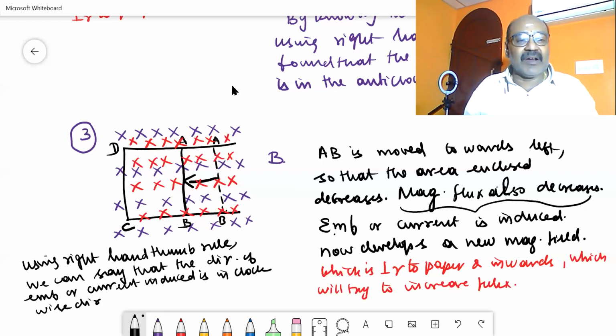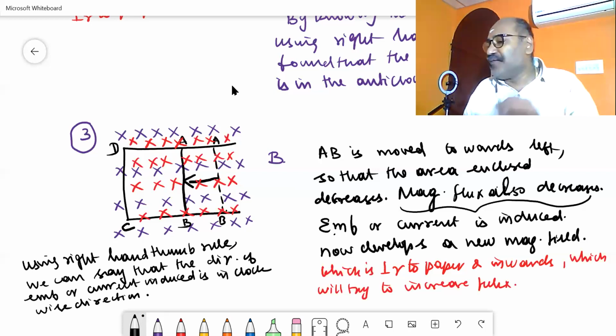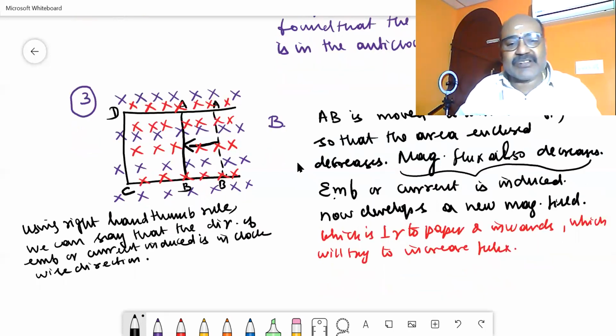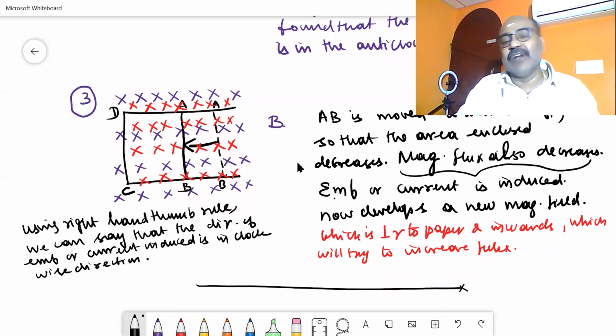So this we are considering as the first demonstration, which illustrates that the EMF induced is always in a direction opposite to that of the cause.